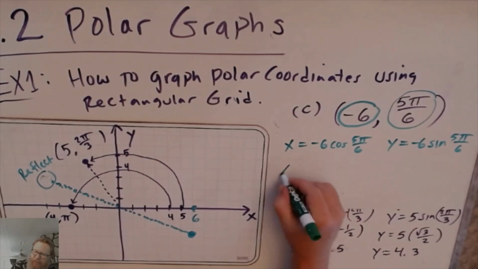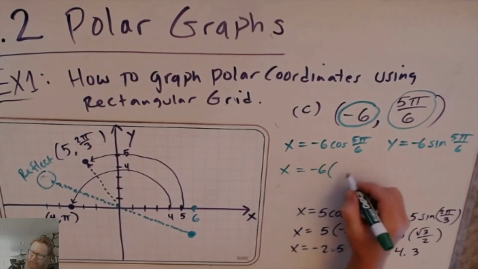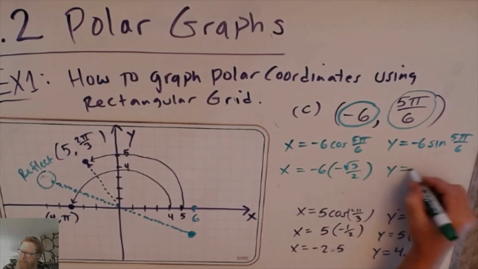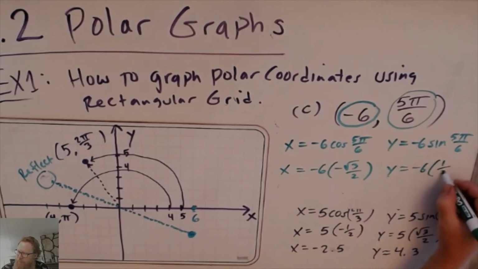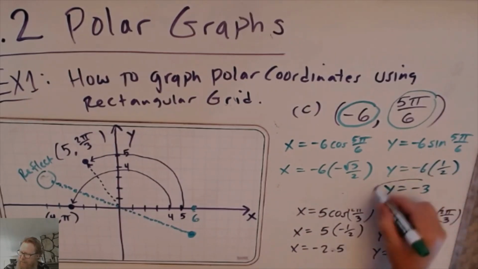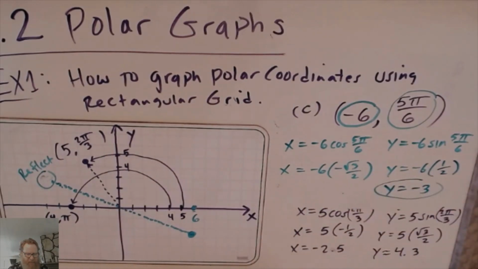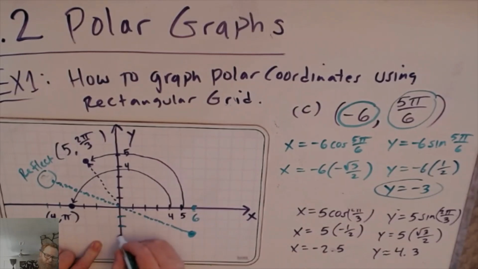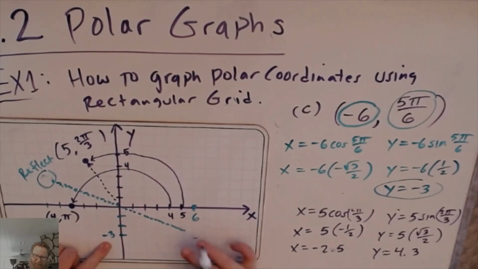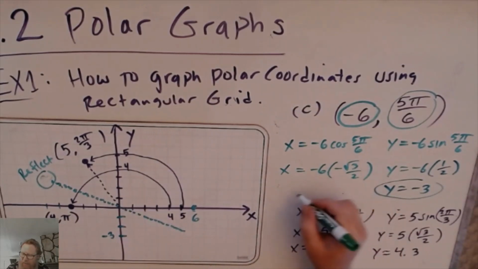So you're going to get negative 6 times negative root 3 over 2, and negative 6 times 1/2. We might as well do the y. That's easy, negative 3. So look, 1, 2, negative 3. My y value is exact. My x value is not going to be exact.